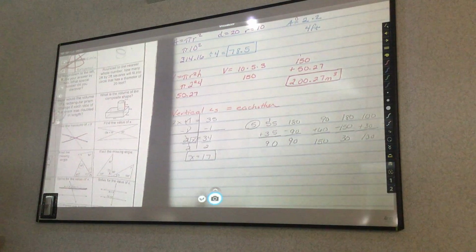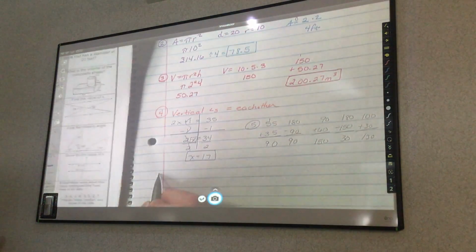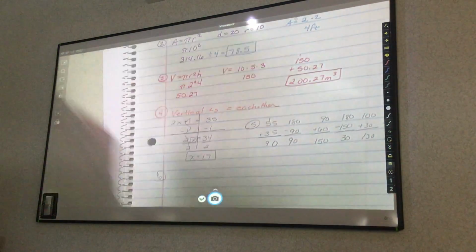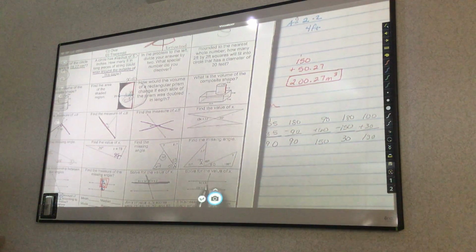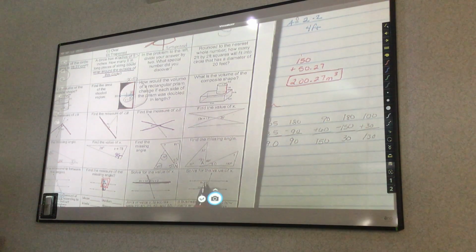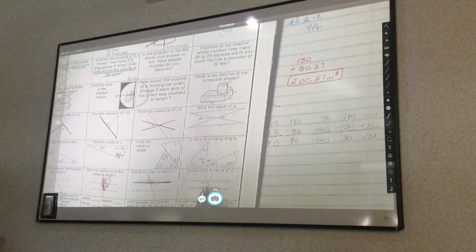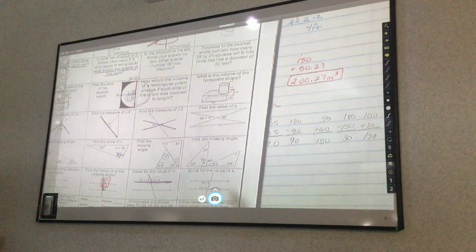6. Here's our parallel lines. I have this angle and this angle. They are interior angles, correct? Are they alternating interior angles?